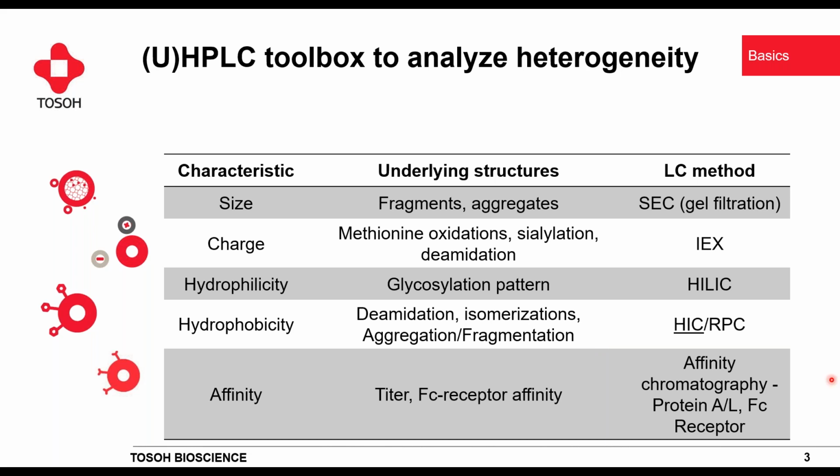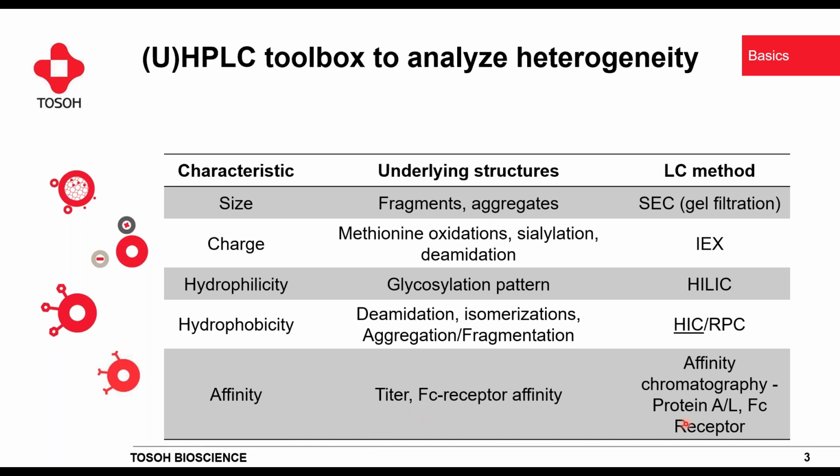There you can use hydrophobic interaction chromatography, also called HIC, or reverse phase chromatography. But today we're focusing on the HIC process. And then there's also one mode that I think is quite common, and I really like it. It's affinity chromatography. It's also really important. This you use often to determine the titer of your sample.